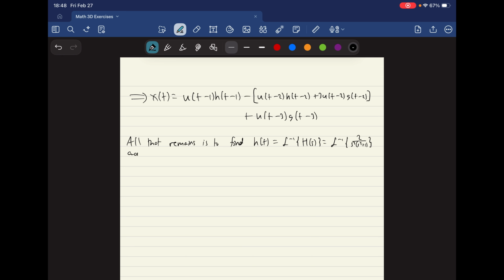And similarly, g of t is the inverse Laplace transform of g of s, which for us was the inverse Laplace transform of 1 over s squared plus 1.